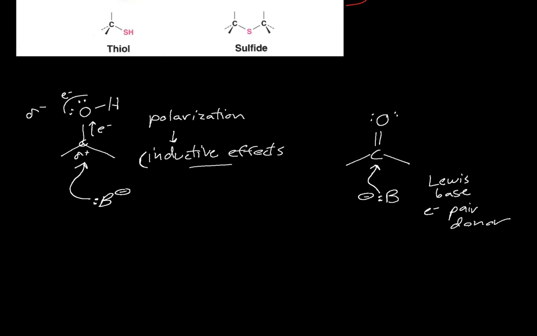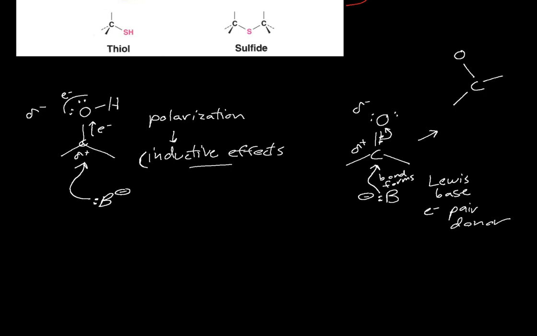It is more likely to happen in this case with a ketone than with an alcohol. This is polarized as well in the same way, but in this case you can have a bond forming and displacing electrons of one of these covalent bonds toward the more electronegative oxygen. Remember, these are just pairs of electrons being shared. And so this allows for a reaction like that to occur more readily than the alcohol version of this that I showed.